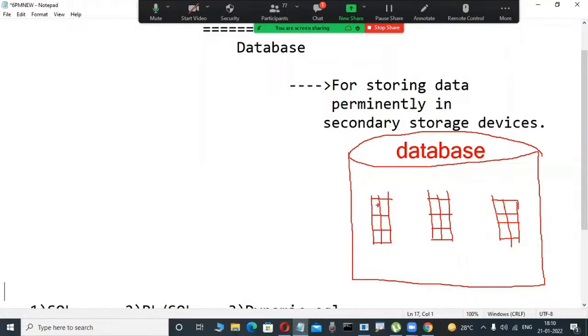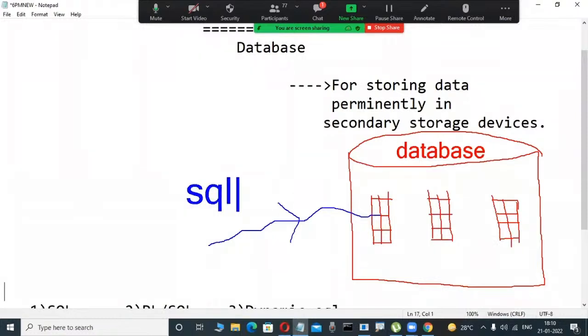Everyone knows that in mathematics, matrices have rows and columns. That's why a structured collection of data is stored, and we operate on this data using SQL, structured query language.